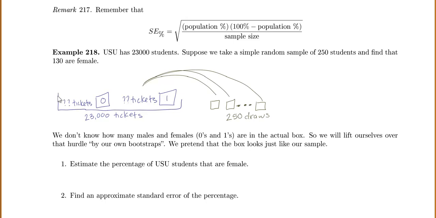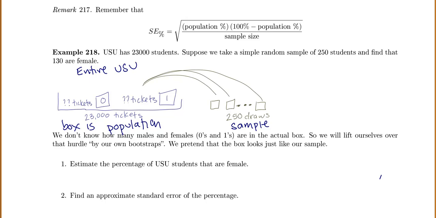Once again, remember this box itself is your entire population, or that would represent all of USU. And then from that box, we draw a sample. So we took a sample of 250 students, so we reached in the box, drew a ticket, reached in the box, drew a ticket, and we did 250 draws.